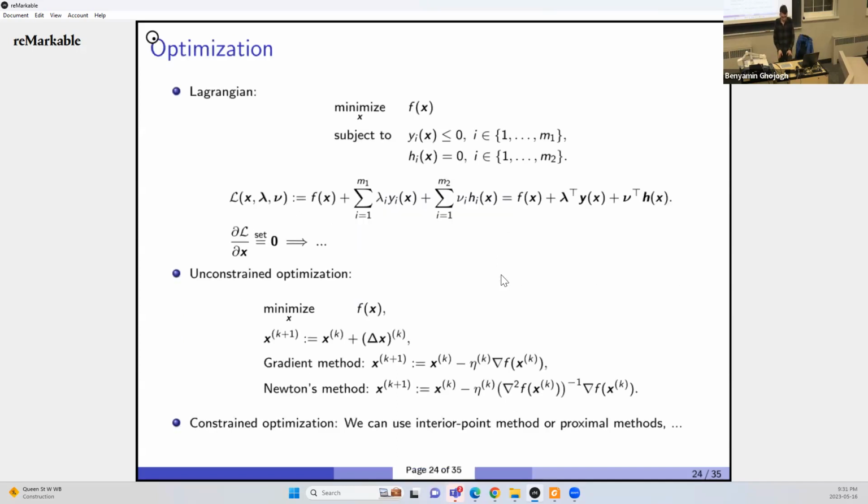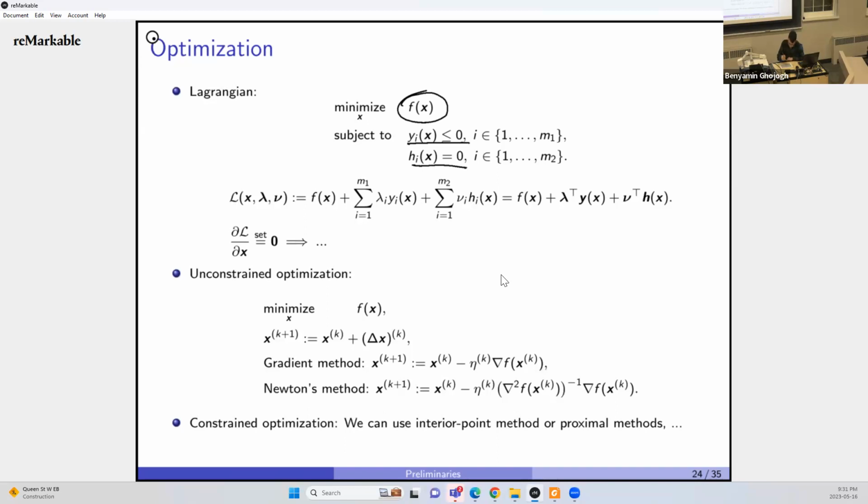One slide about optimization. Consider minimization of f of x with respect to x, subject to some inequality constraints and equality constraints. Assume we have M1 inequality constraints and M2 equality constraints. I want to minimize this function, but I also want to satisfy these inequalities and equalities.